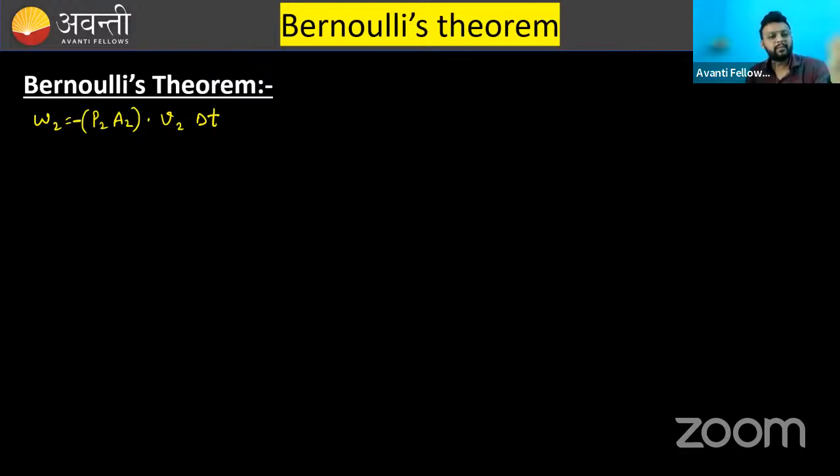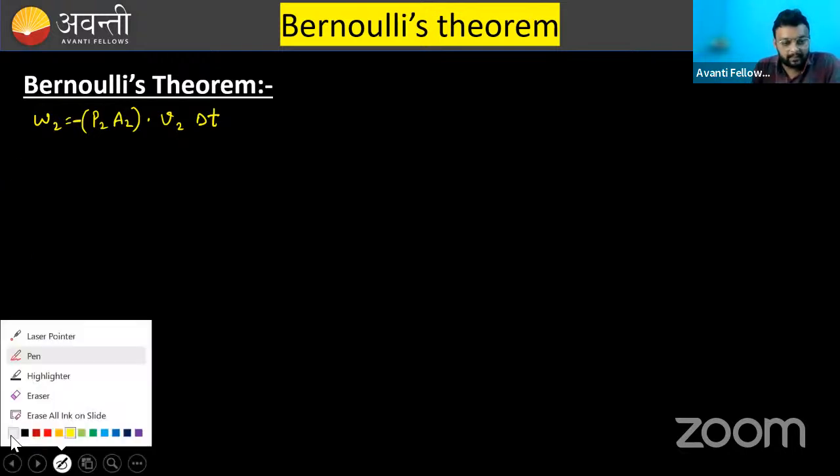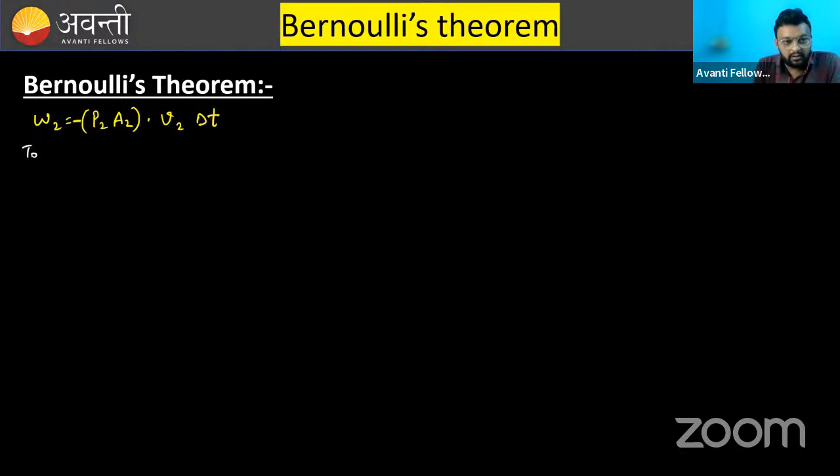So this is work done by the left end, and by the right end. Total work done W is equals to W1 plus W2.